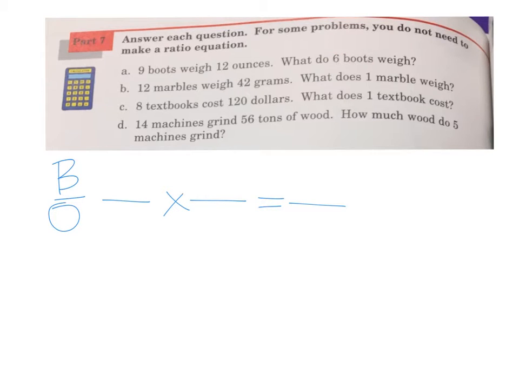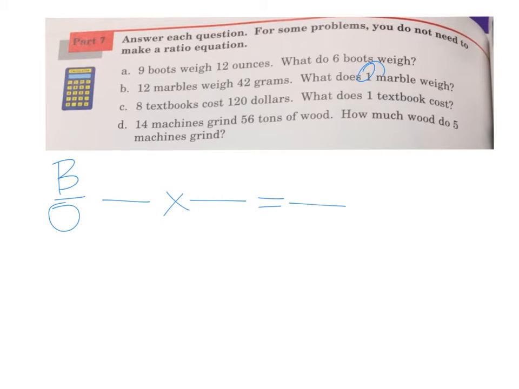So for B, they're asking about 1, which means I'm going to have to figure out how much 1 marble weighs. Since they're asking about 1 in the question, I can't set it up as a ratio.